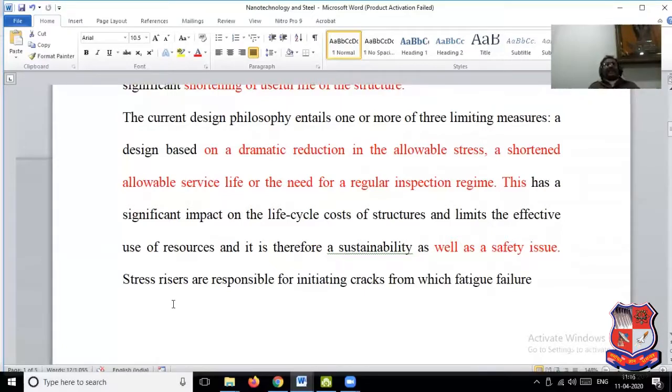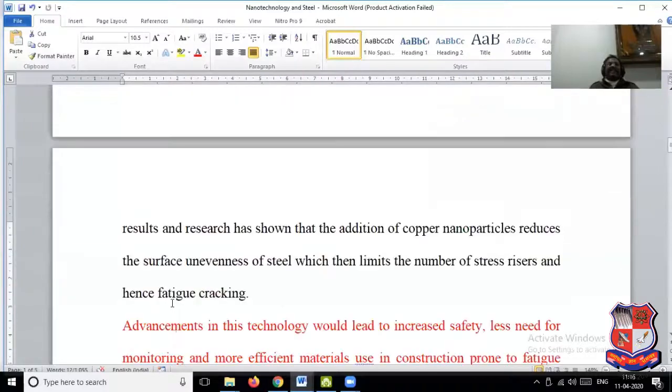Stress risers are responsible for initiating cracks from which fatigue failure results. So ultimately, whenever you have failure, the starting point is a crack, and a crack always forms near the grain boundaries, and that's why the role of nanotechnology is very crucial.